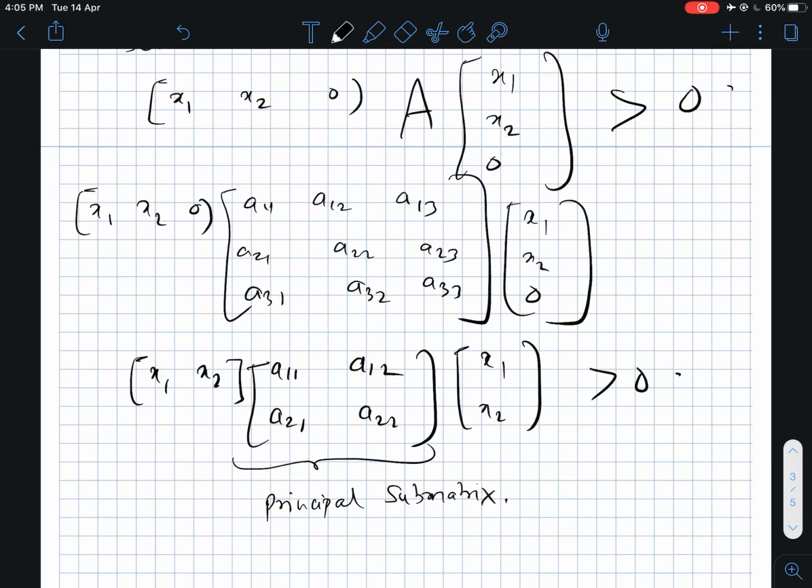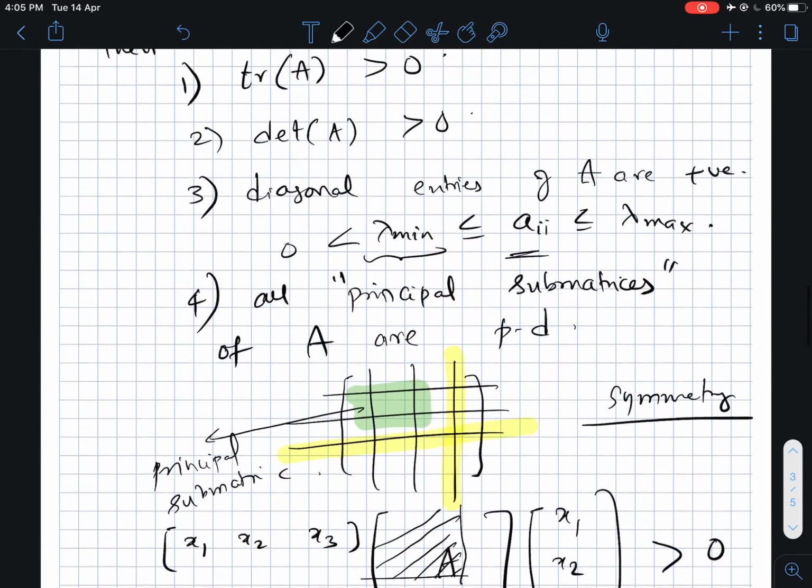This is the principal 2 cross 2 submatrix obtained by removing the third row and third column from A. And the quadratic form corresponding to this principal submatrix is positive. So you see that it follows very trivially from the definition. Given a positive definite matrix, any submatrix that you get by removing some rows and the same indexed columns is also going to be positive definite.